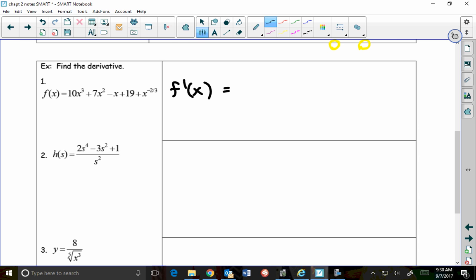A lot of you will just go right into the 30x squared, because you said, hey, 10 goes along for the ride, the 3 comes down, and I subtract 1 from the exponent. So most of you will start just saying 30x squared, boom. And that is fine. You don't need to show me every little minute step. Okay, keep going.